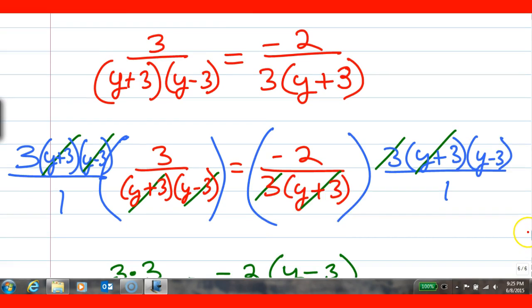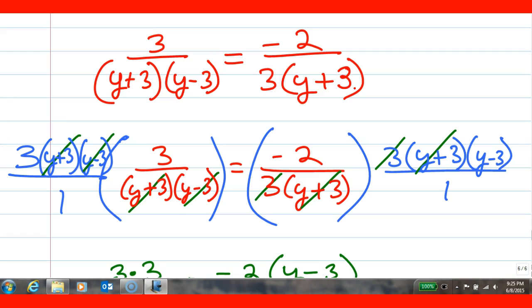Now, what I can do is come back in on the problem and multiply this thing by the lowest common denominator between the y plus 3, y minus 3, and 3 times y plus 3. There I have the y plus 3's in common on both sides.